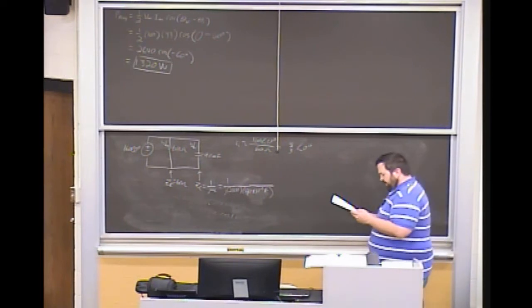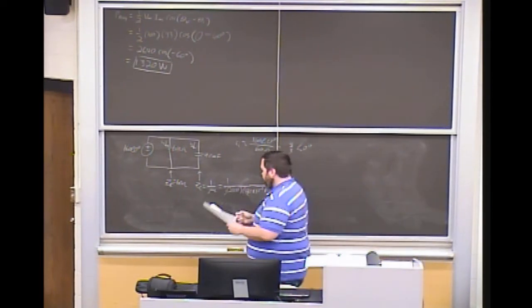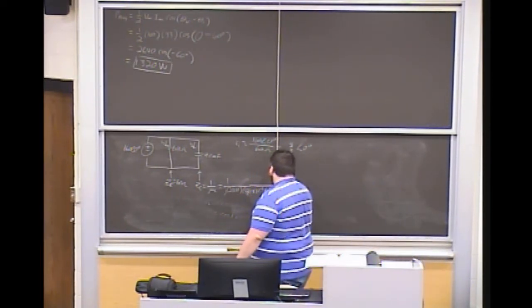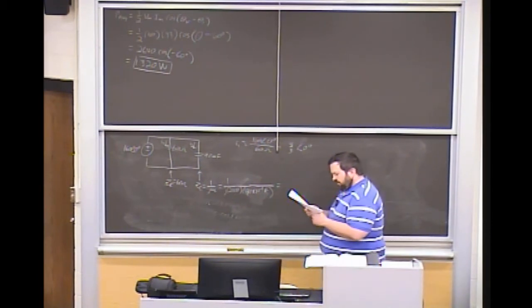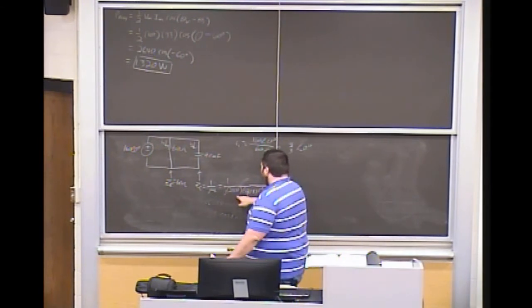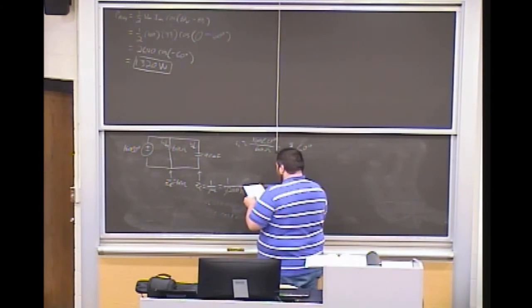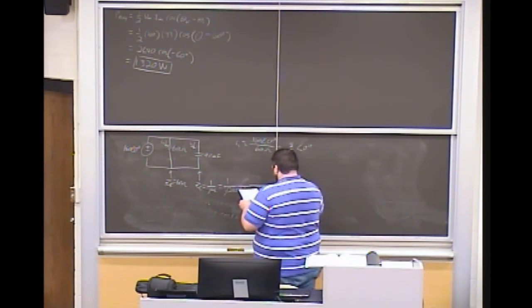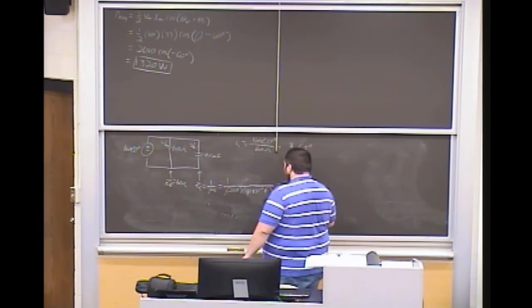Now, my I2, I'm still going to use this. So I'm going to get down to here and I'm going to figure out that this, once I multiply all this out, works out to be negative 100 over 18 J ohms.